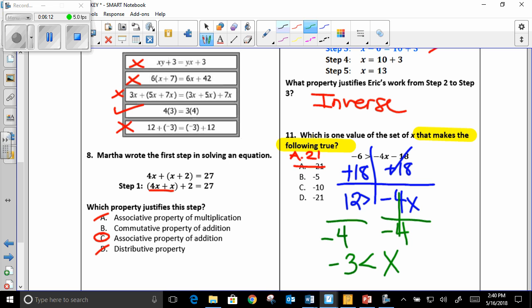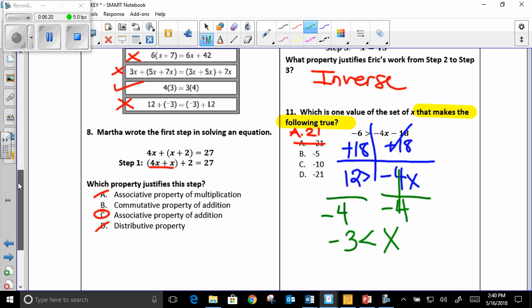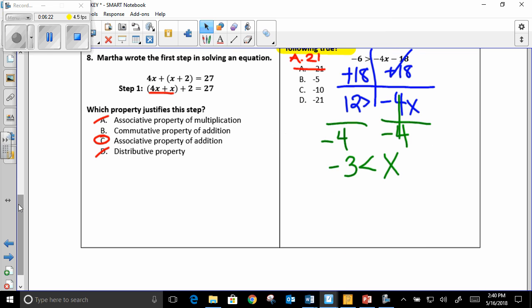Now the question says, which is one value of the set of x that makes the following true? So what that means is I'm going to turn it around so that I can make sense of it. So that makes sense to me when I put the variable on the left-hand side. Now, substitute a number for x that makes the statement true.